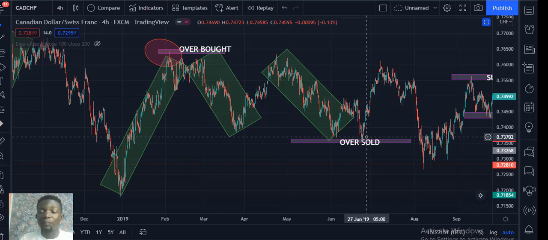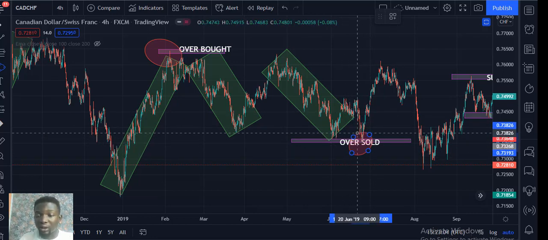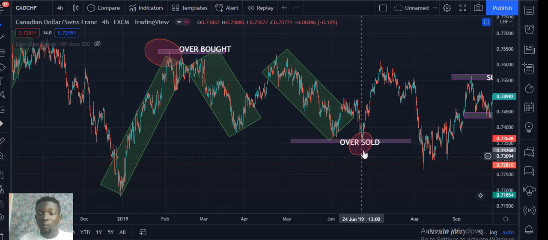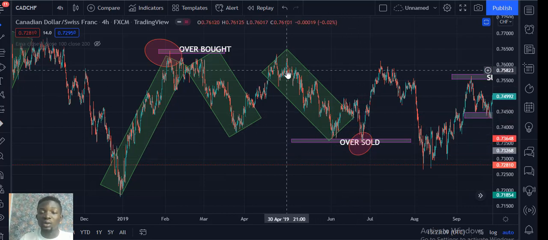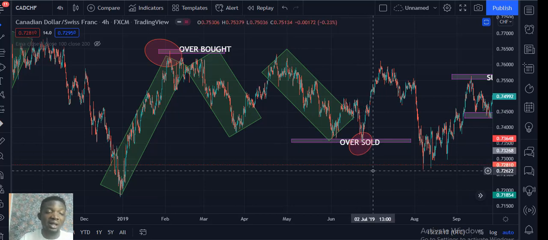What they want now is to buy. The buyers are in play now. They want to buy at this oversold price, so they are ready to buy now. Once the sellers stop selling and the buyers want to buy, this is the best time for you to what?